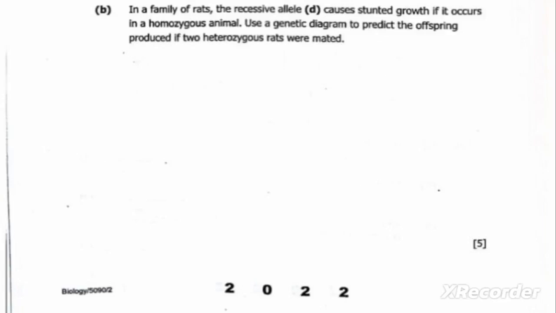We are going to start with the parental phenotype, parental genotype, gametes, first filial generation offspring genotype, and first filial generation offspring phenotype. Then we are going to see the type of growth of the offspring that we are going to produce.